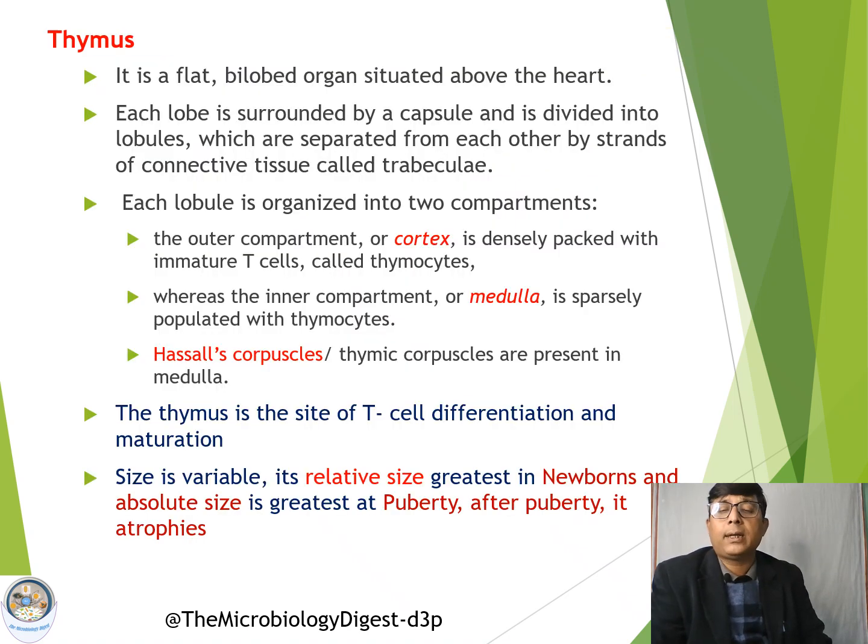Now, the next primary lymphoid organ is the thymus. The thymus is a bilobed flat organ. It is situated just above the heart. Each lobe is surrounded by a capsule, and it is further divided into different lobules. These lobules are separated from each other by strands of connective tissue, which are called trabeculae.